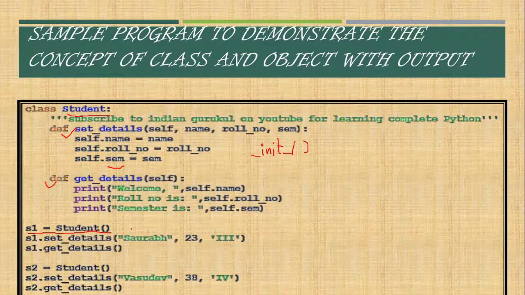So over here, first we instantiate an object of the student type. The name of the object over here is S1, and the main thing is, although there is no explicit definition of the init method, there is an implicit definition of the init function.